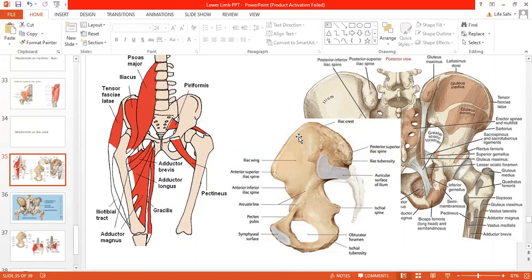Posterior 1/3 of the iliac crest gives attachment to the origin of the quadratus lumborum. Quadratus lumborum is the muscle of the posterior abdominal wall, and it is also enclosed in its own fascia, as well as thoracolumbar fascia.